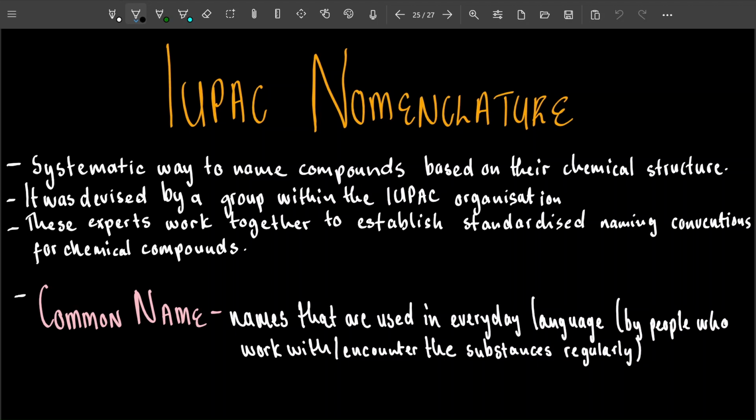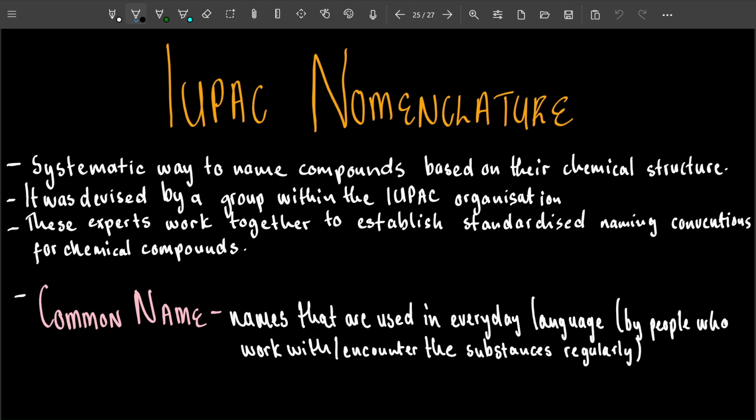They opened this thing called IUPAC, and it has many parts or groups or committees. One of the things they then did was to make a group of people that focus on giving compounds names. And these would be standard names that are used everywhere in the world.